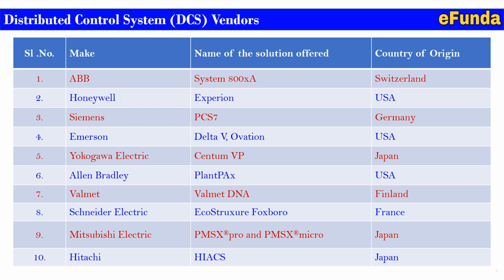800xA, country of origin is Switzerland; Honeywell Experion, USA; Siemens PCS7, Germany; Emerson DeltaV and Ovation, USA; Yokogawa Electric CENTUM VP is from Japan; Allen Bradley PlantPAx, USA; Valmet DNA, Finland; Schneider Electric EcoStruxure Foxboro, that is France; Mitsubishi Electric, PMSX @Pro and PMSX Micro, is from Japan; Hitachi HIACS, Japan.